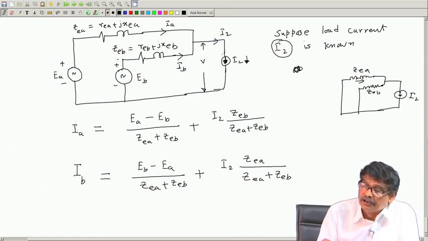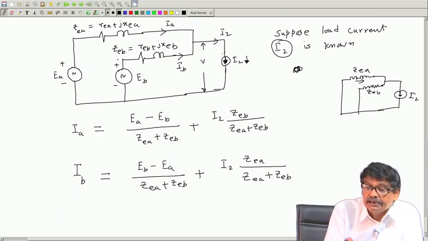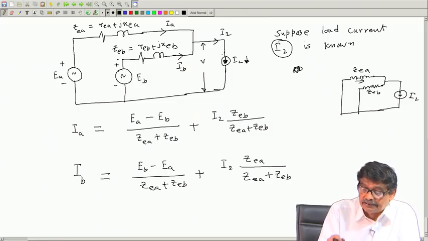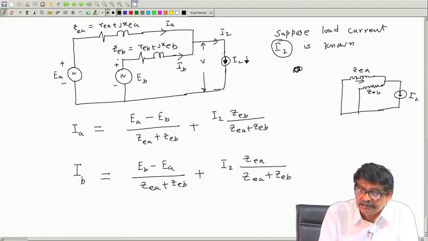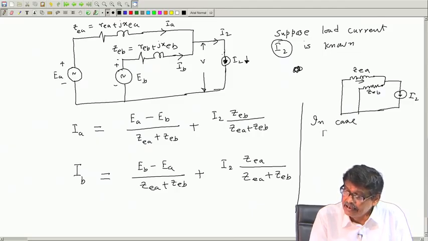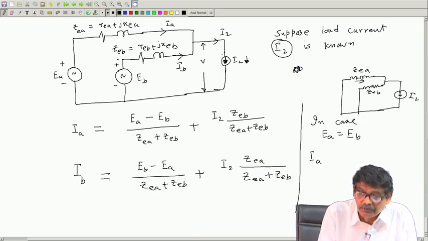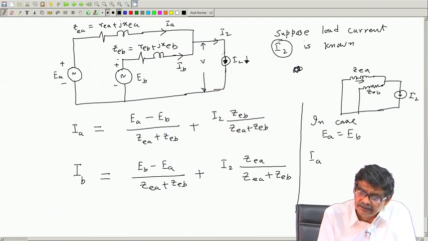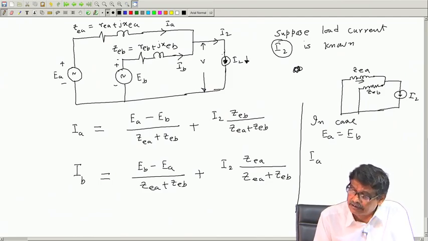Therefore, for a known load current, this is how the currents in the windings of the transformers on the secondary sides will look. And in case EA is equal to EB, it will be further simplified. This is the circulating current part; if there is a slight mismatch, that circulating current part can be calculated.